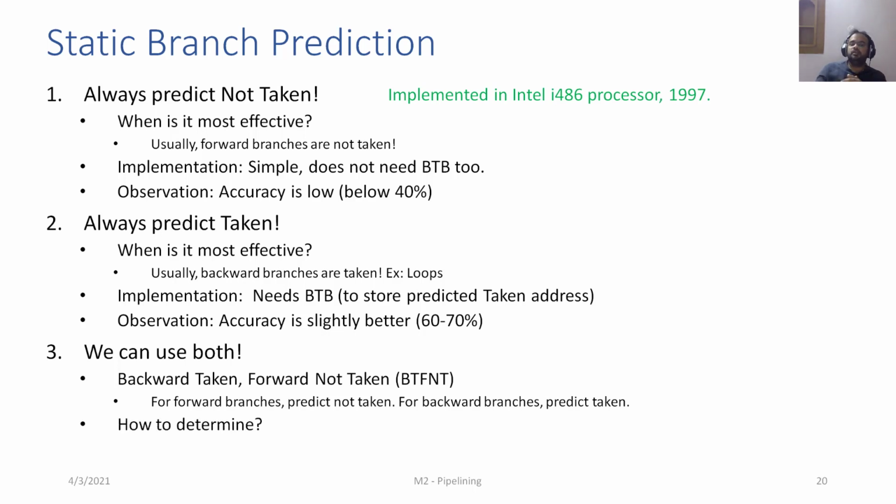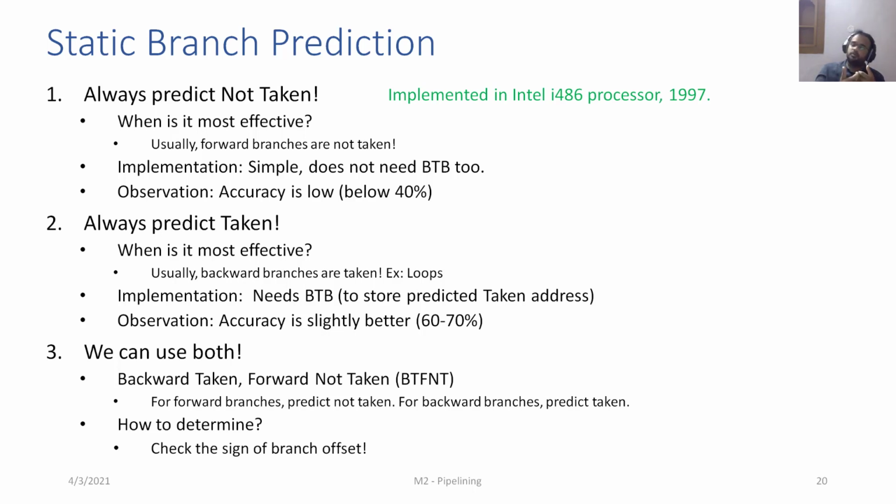Now the question is, how will we know whether the branch is a forward branch or backward branch? We already know the answer, because the immediate field of a branch instruction stores the offset. This offset is added to the PC, and that's when we will know the target address. Now, if the offset is negative, what it means is we want to jump to an instruction which is before this control instruction.